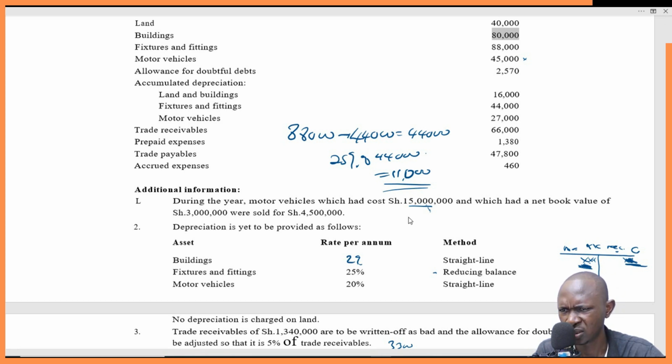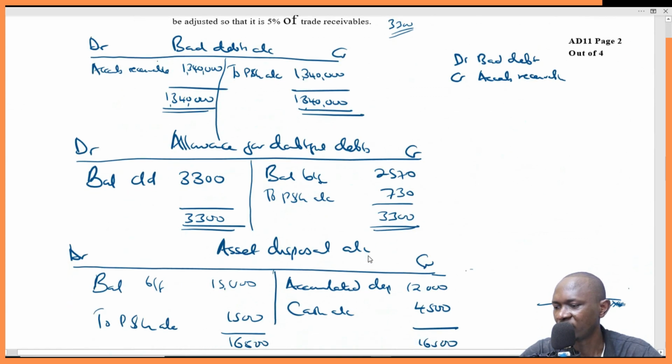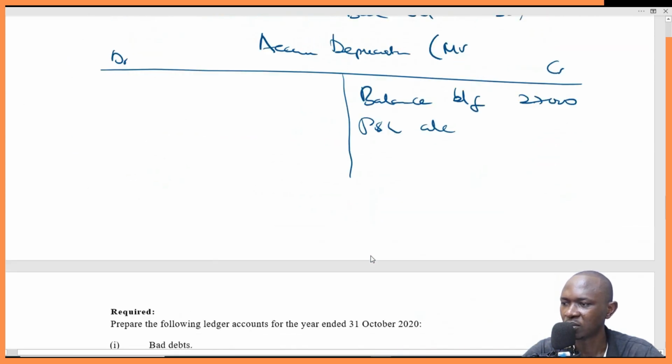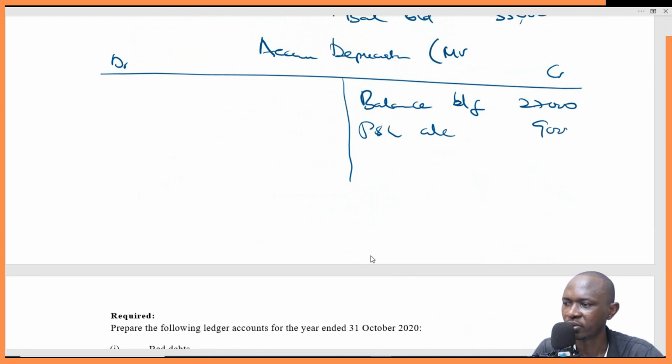The original cost is 45,000. So 20% of 45,000 is 9,000. So you simply come here and write 9,000.